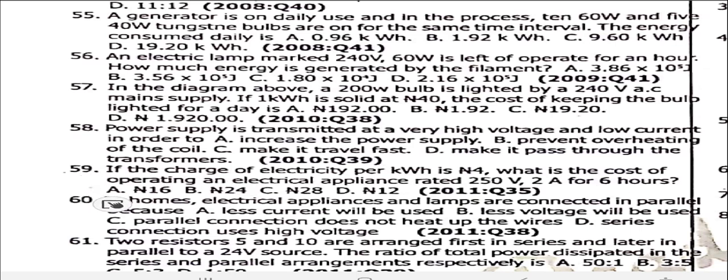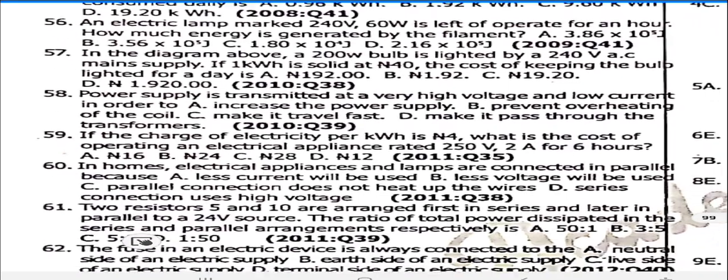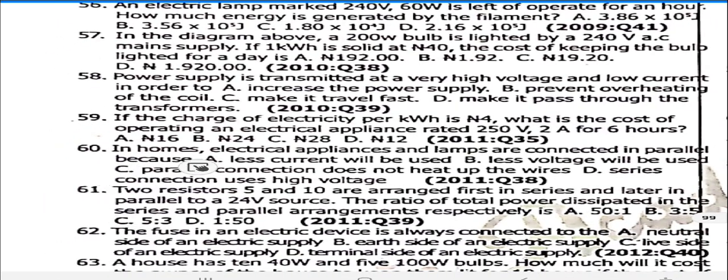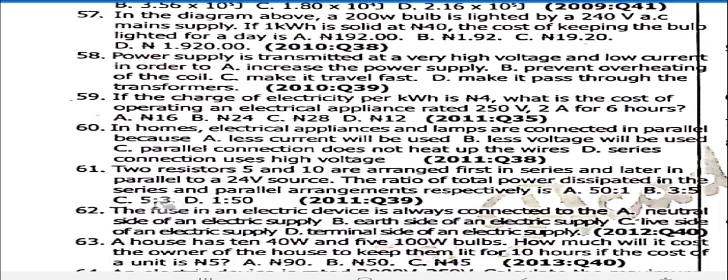Next question. You reduce the heat. In homes, electrical appliances and lamps are connected in parallel because parallel connection does not heat up the wires. I want you to jot this down.